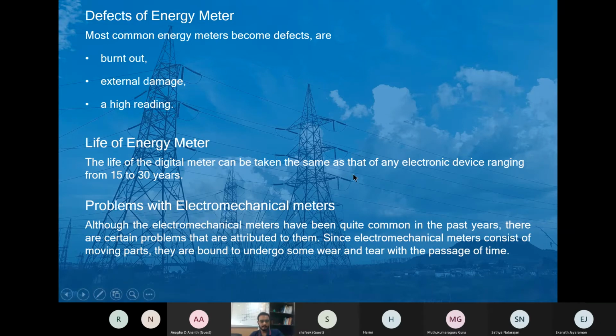So what are the common problems with the electromechanical meter? Although electromechanical meters were quite common in past decades, there are certain problems attributed to them. Since they consist of moving parts, they are bound to undergo some wear and tear with the passage of time. Over time, the electromechanical meter's performance will diminish. A study was conducted by Analog Devices Incorporated in the US.